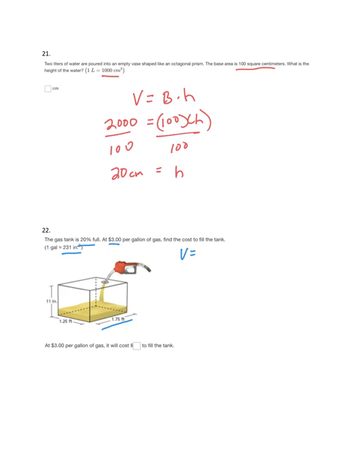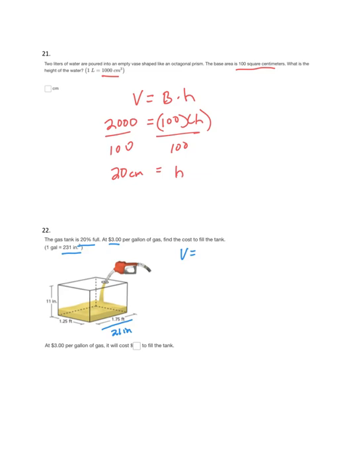1 foot is 12 inches, so 1.75 feet would be 12 plus 9, so that's 21 inches. I could also just multiply 1.75 times 12.